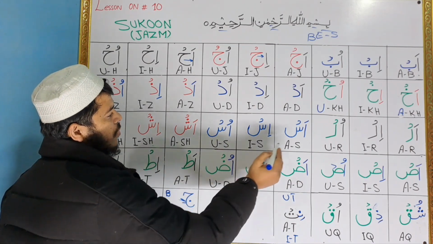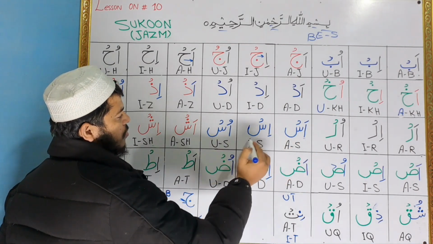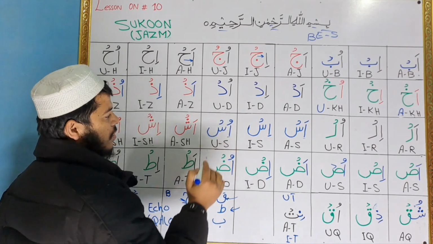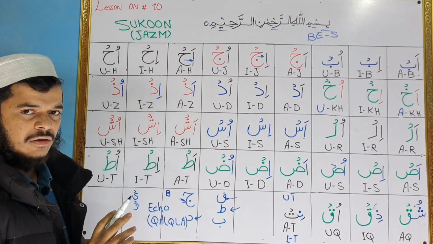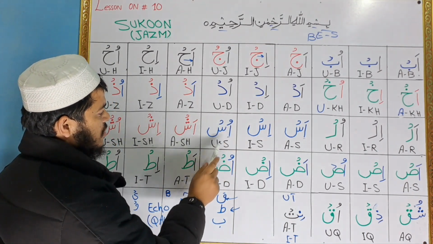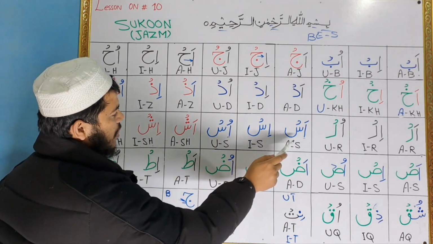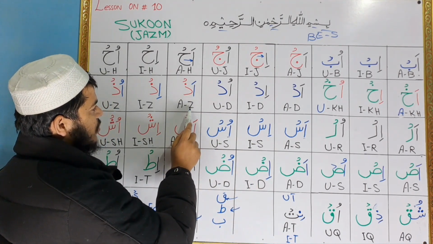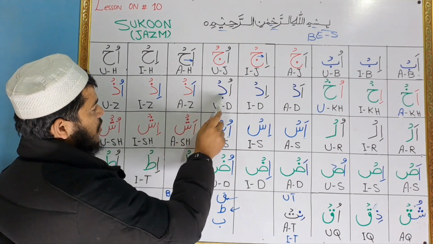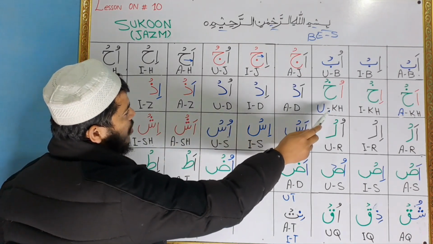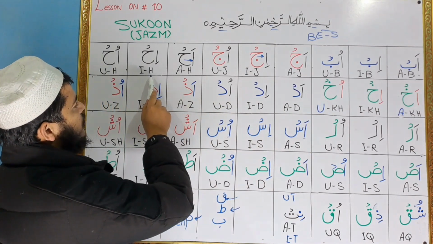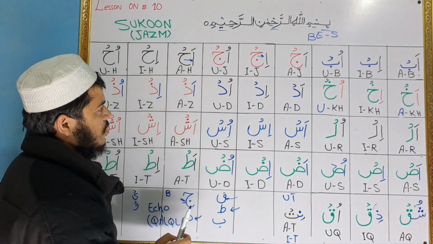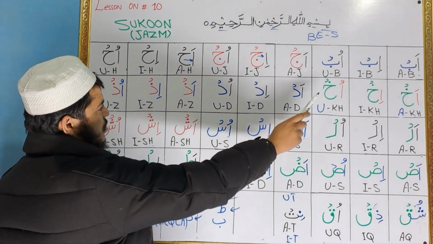Basically after the letter sound, we are going to add whatever the letter is starting with. So the sin starts with S sound, we will add S. Zal starts with Z sound, we will add Z. Dal starts with D sound, ha starts with H sound, jim starts with J sound, and ba starts with B sound.